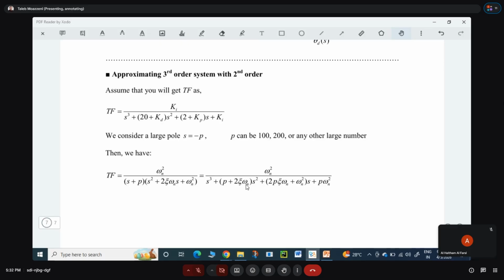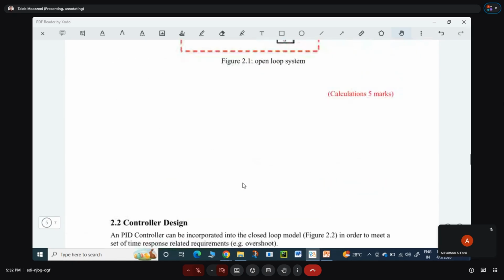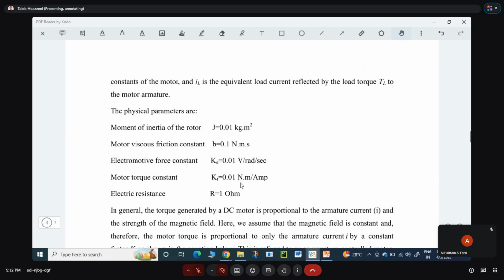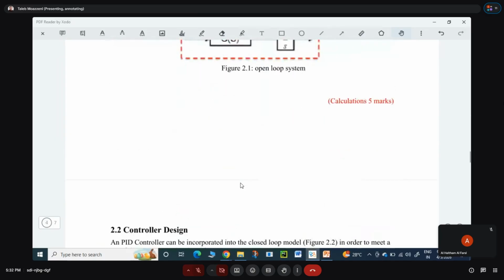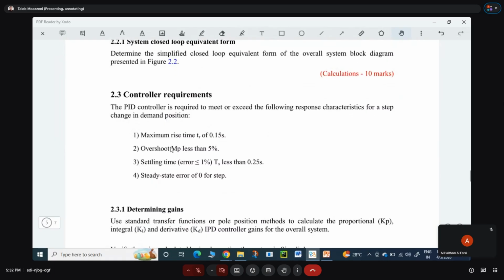Zeta and omega_n. What is zeta? I didn't give you zeta and omega_n, but I gave you some other numbers here. Let's see, some numbers I gave you. Yes, rise time, overshoot Mp less than 5%, settling time, and error 0 for a step. So I didn't give you zeta and omega_n, but I gave you these numbers. So you have to find zeta and omega_n.